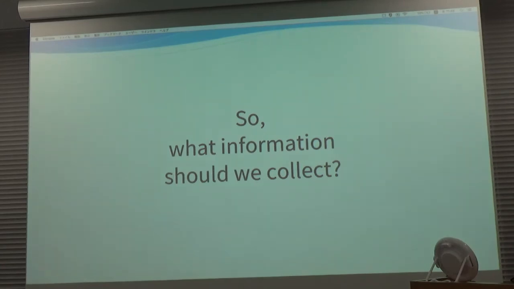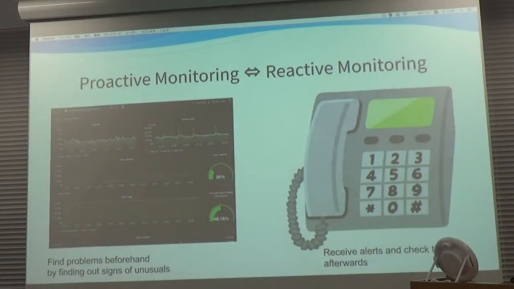Before going to that question, we have to think that there are two types of monitoring. One proactive and the other reactive monitoring. Proactive monitoring means we can find problems beforehand by looking at a big graph or those kinds of things, and find signals of unusual things.